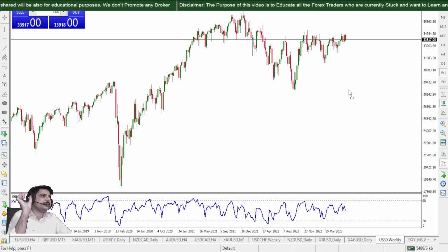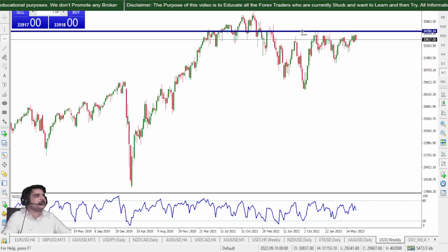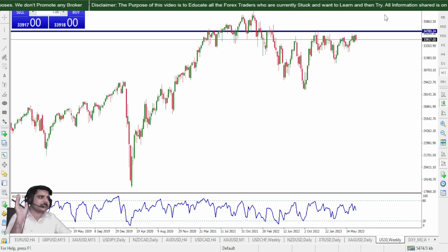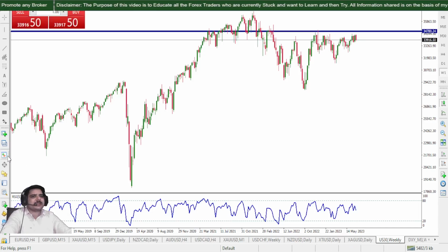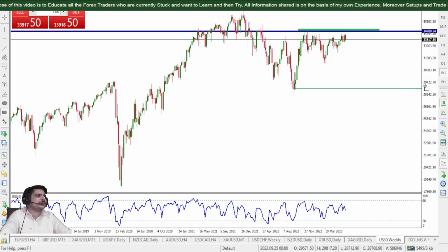First of all, if we see the weekly time frame right here, the market has clearly stopped near the previous 34,780 level. Though the long-term levels are very far away, at the moment it seems like it stopped and it will need some more pressure to break the 34,780 level. So there is resistance right here, and definitely we have support, but that is way too far.